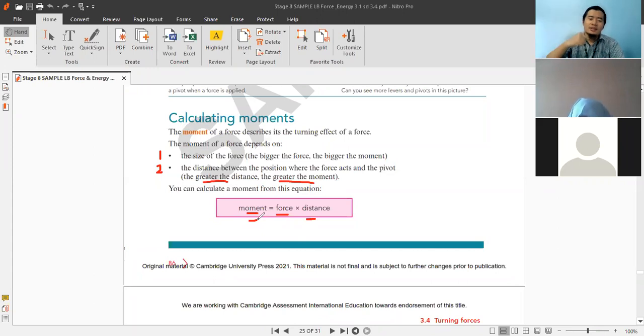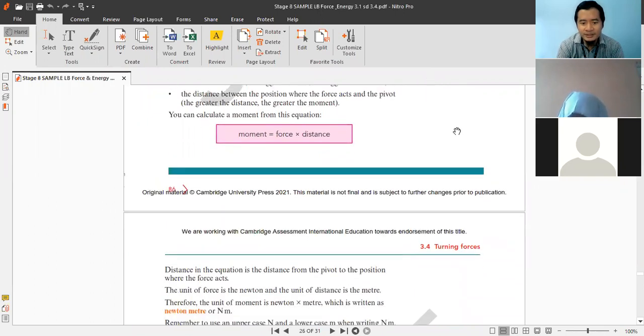If we give a bigger force, the moment is also bigger. Moment equals force multiplied by distance. Don't worry, we will practice some questions here.